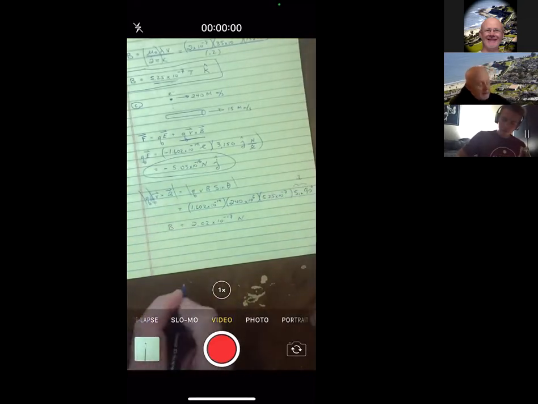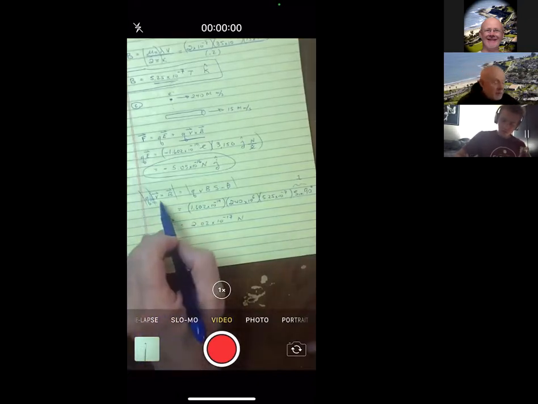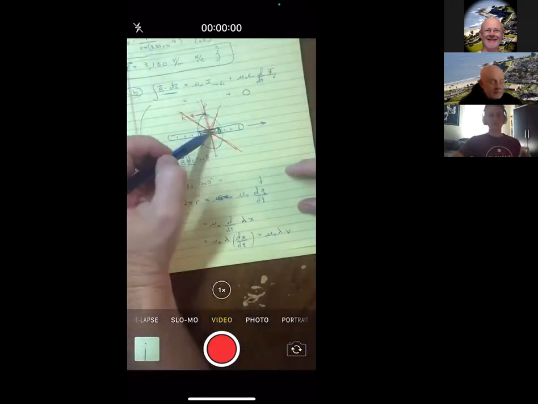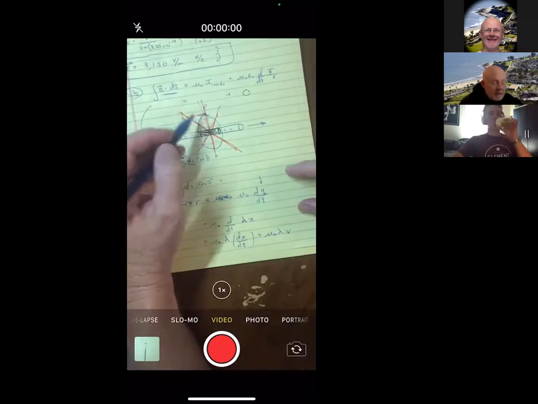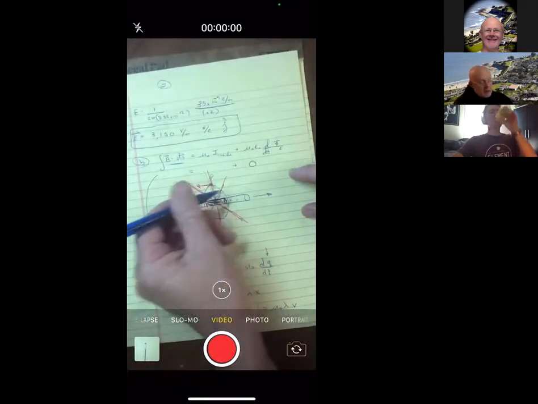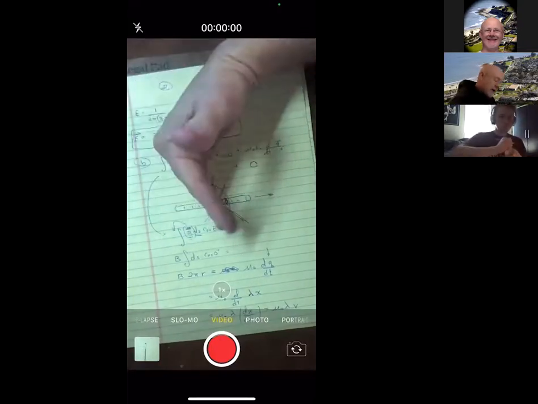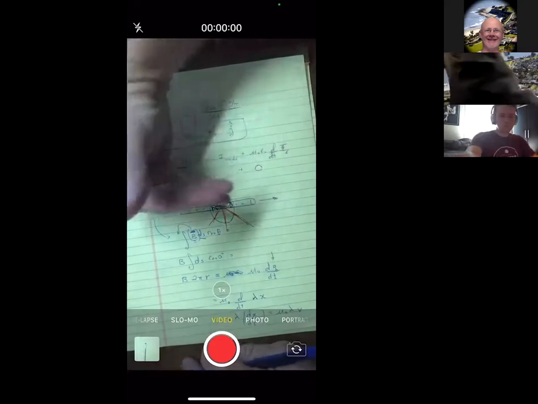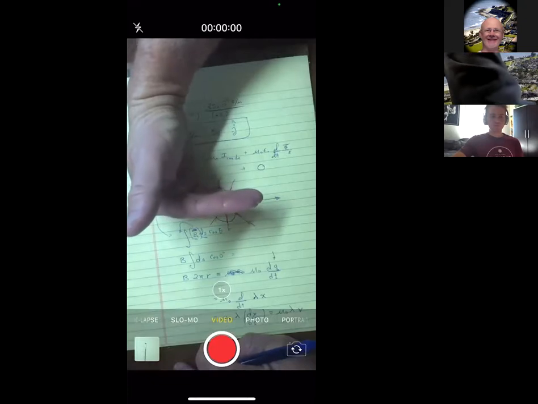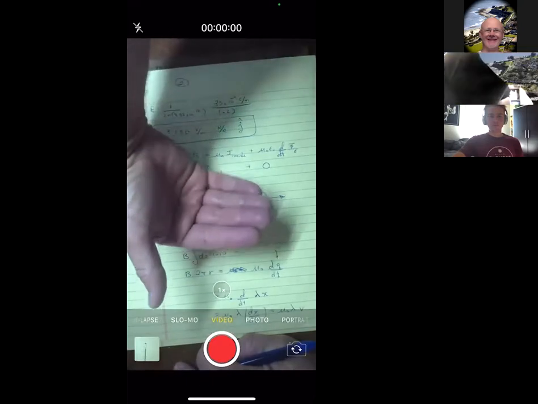Now let's do the direction. So B is its magnitude, then put a vector over it, its direction. And so remember, it would be V cross B then times a negative. Okay, so I have here a V in the X direction, and so the X direction would be this way. So I need to get my right hand, but somehow switch my right hand around so that my fingers are pointing in the direction of X. Okay, so there is V. Now B would be coming in the Z direction.